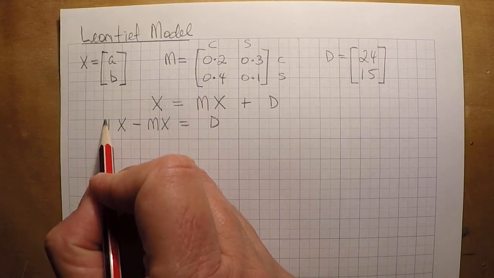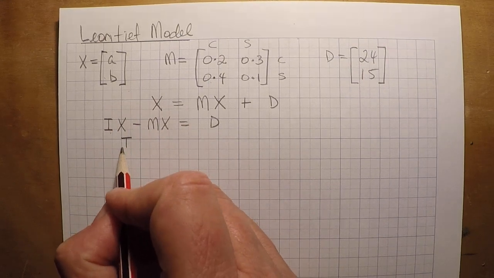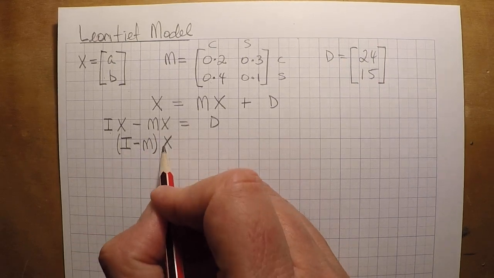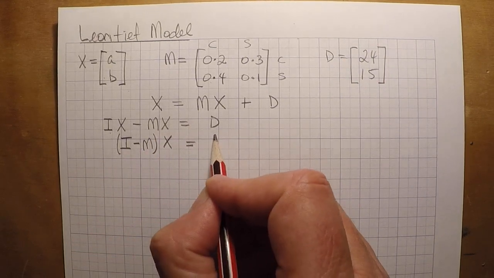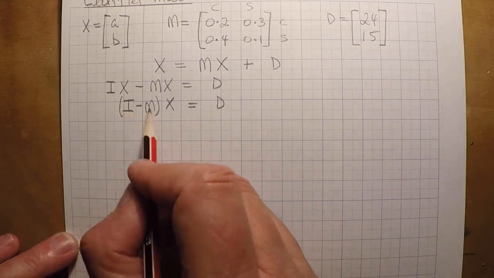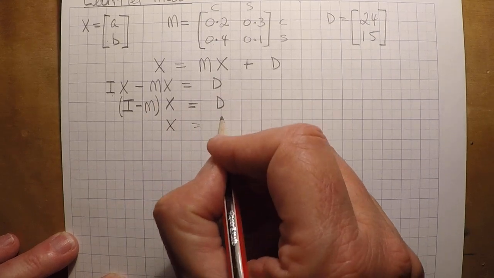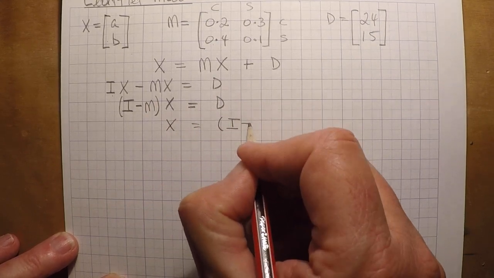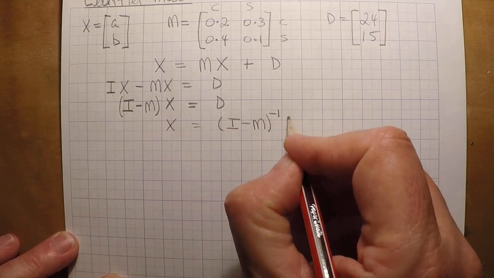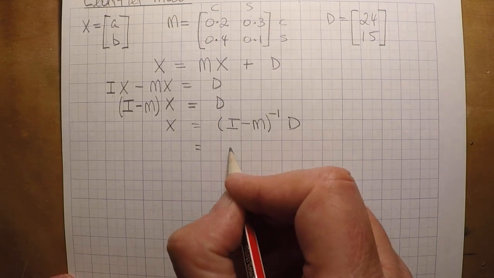Now, remembering that we can multiply by the identity matrix, this can be factored: (I minus M) times X equals D. To undo the multiplication, we have to multiply by the inverse, if it exists, times D.